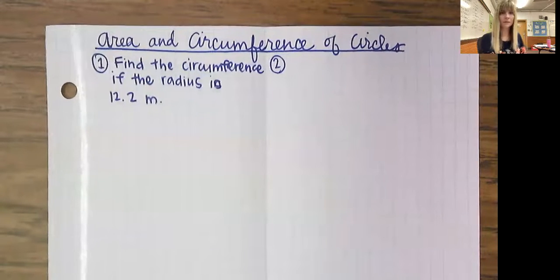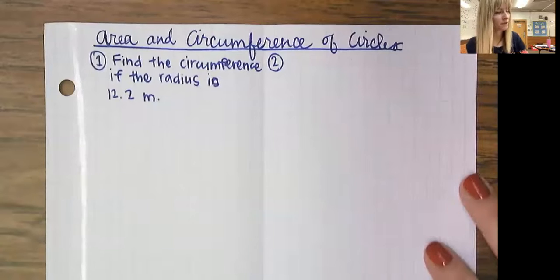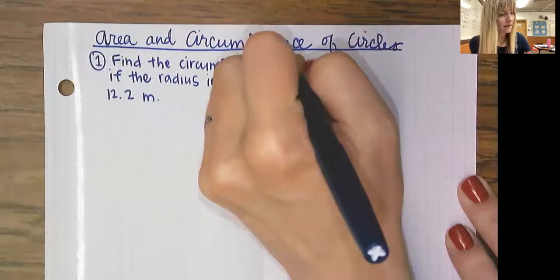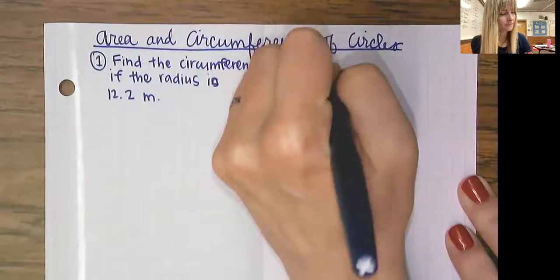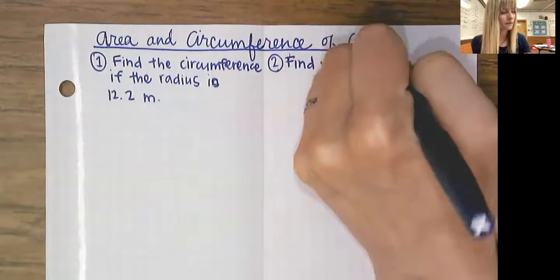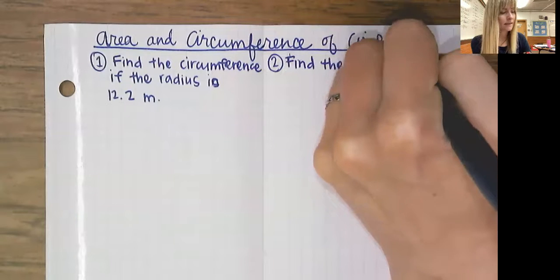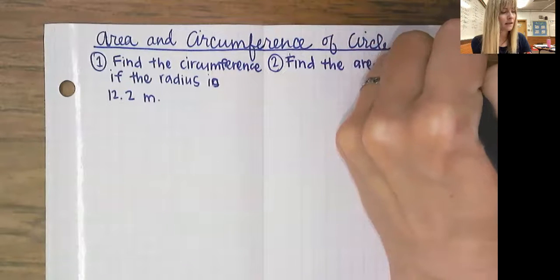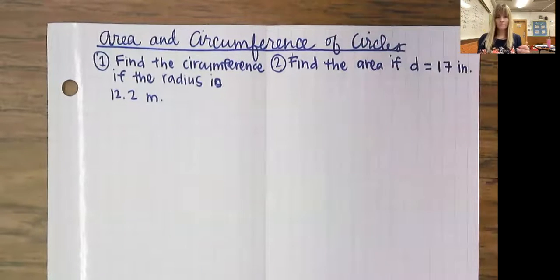That's number one. Find the circumference if the radius is 12.2 meters. And number 2 is find the area if, and I'm just going to write it like this, D equals 17 inches. Okay, so let's start with those two.